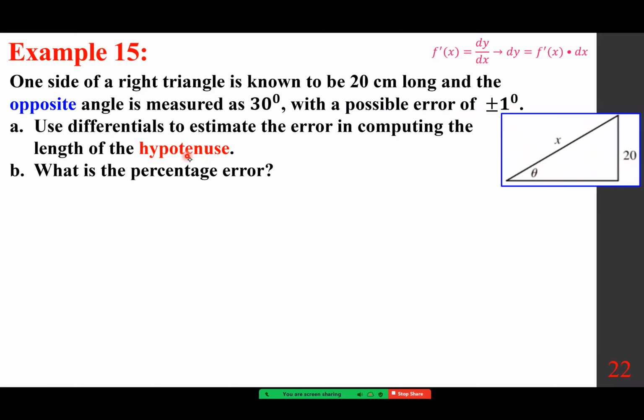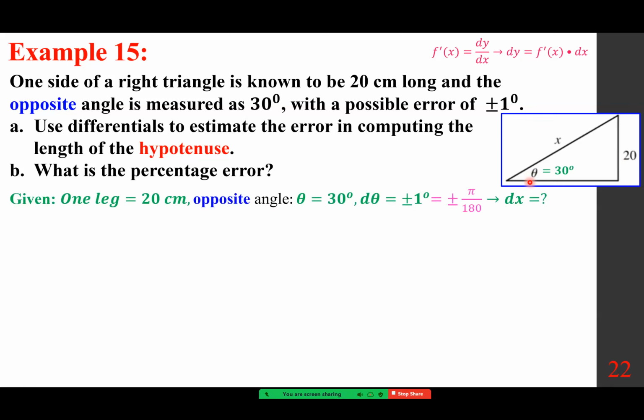So let's write the given. Of course, one leg is 20 centimeters, which is opposite the angle theta, which is supposed to be 30 degrees, with a possibility of an error d theta of plus or minus 1 degree, which you have to change to radians.